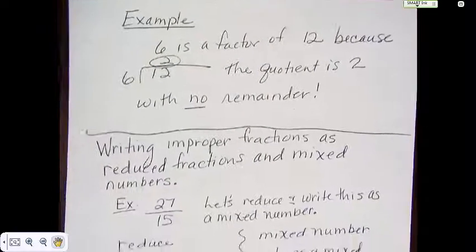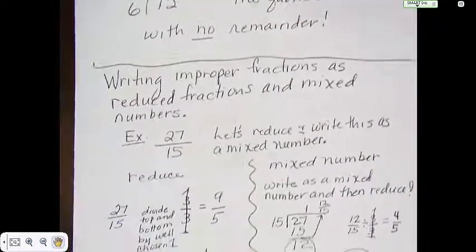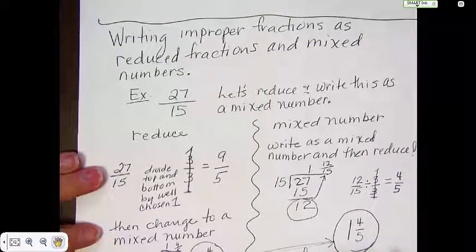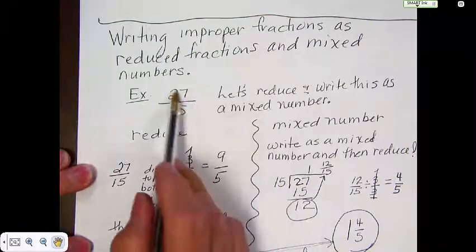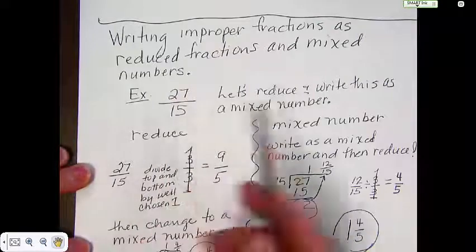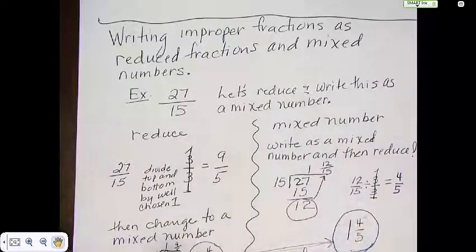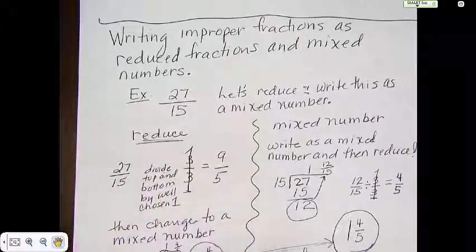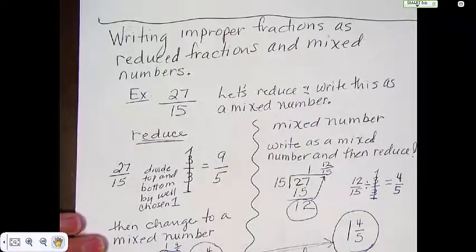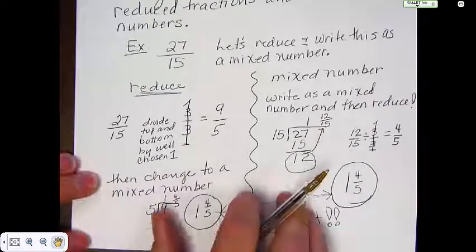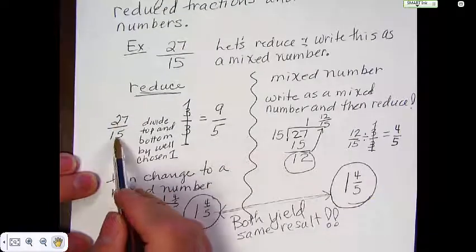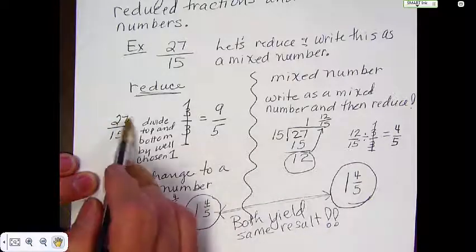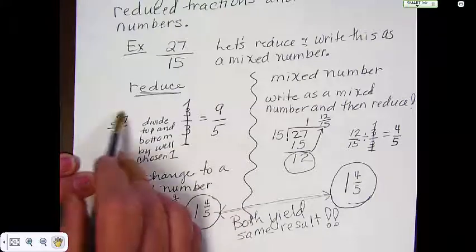Now, the next thing that this particular lesson talks about is writing improper fractions as reduced fractions and as mixed numbers. Example, we have 27/15. We're going to reduce this and write it as a mixed number, both. So if we're just going to reduce it, just flat reduce it without worrying about the mixed number thing to start with, we would actually find something that would go into 27 and 15, which 3 would work for both of them because this is 9, this is 6, both divide by 3.